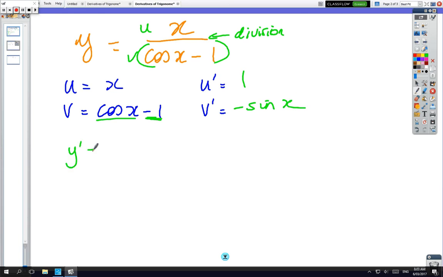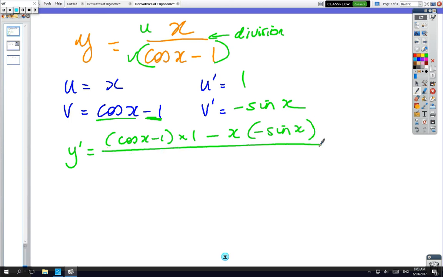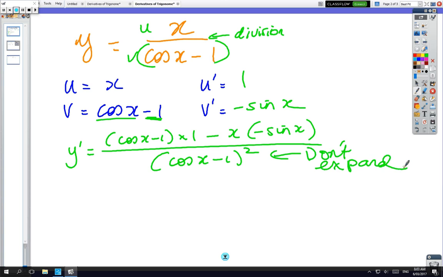So y dash equals v times u dash minus u times v dash over v squared, which is cos x minus 1 squared, and don't expand, okay? There's no point in expanding that.